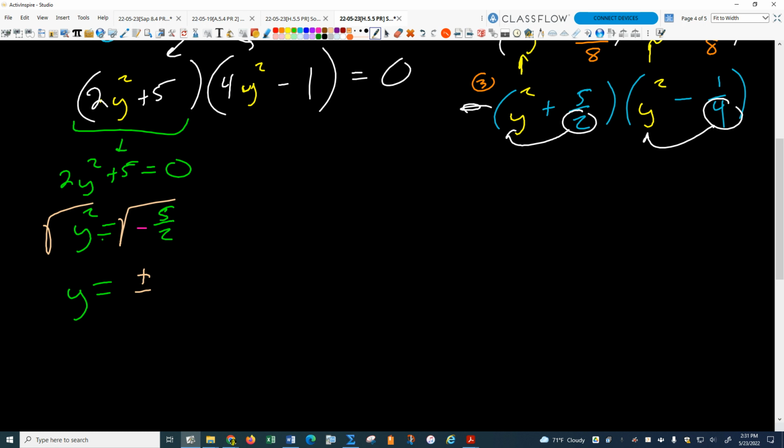And then I've got kind of an awkward thing. I've got a square root of 5 halves, right? Which is the same thing as the square root of 5 over the square root of 2. Okay, but what rule am I violating there? Ah, good. No radicals in the basement, right? Can't have any square roots in the denominator. So what do I have to multiply top and bottom by? Square root of 2. Good.